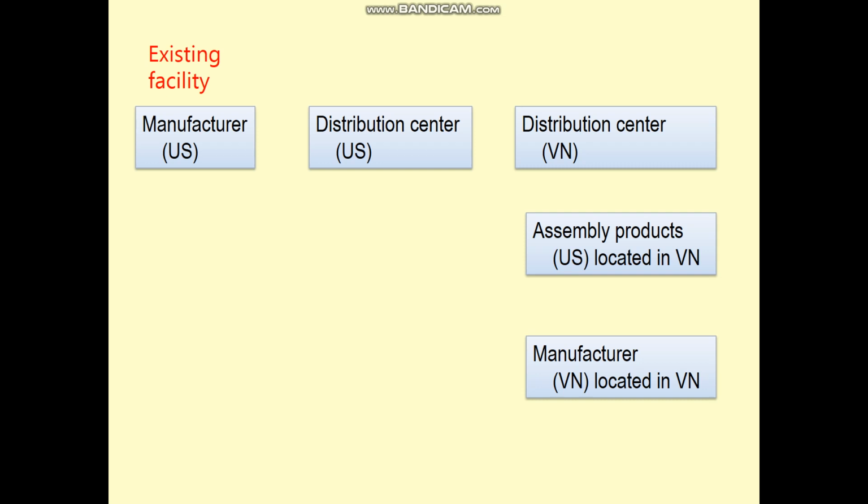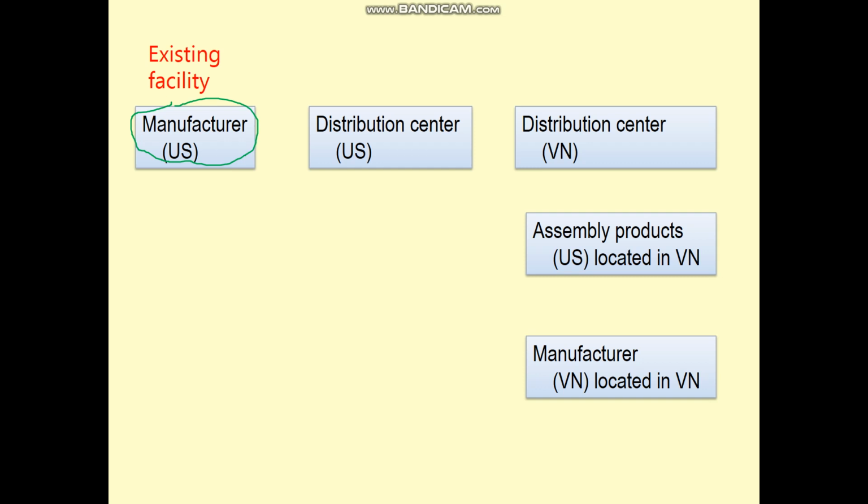So for the first one, the local organization makes and supplies the company's products. Here they just make and supply the product in the US. I consider 2 countries, US and Vietnam, and they have an existing facility, the manufacturer in the US, and they just produce the products and supply them to the US market. So they don't need to locate a new facility.